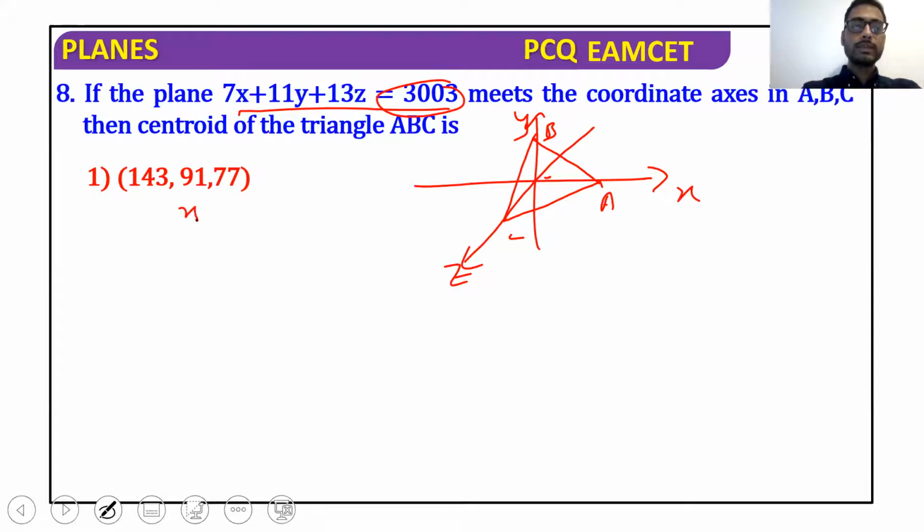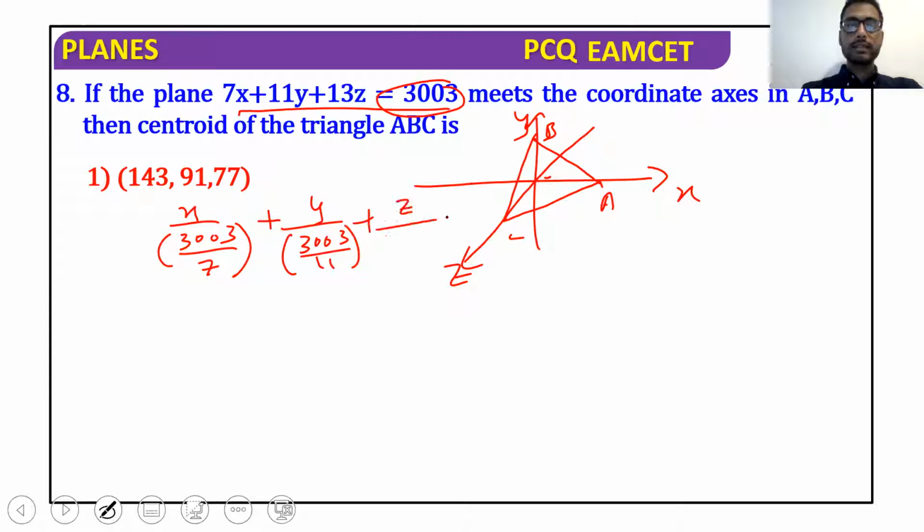Therefore, this will be x upon 3003 upon 7 plus y upon 3003 upon 11 plus z upon 3003 upon 13 is equal to 1.